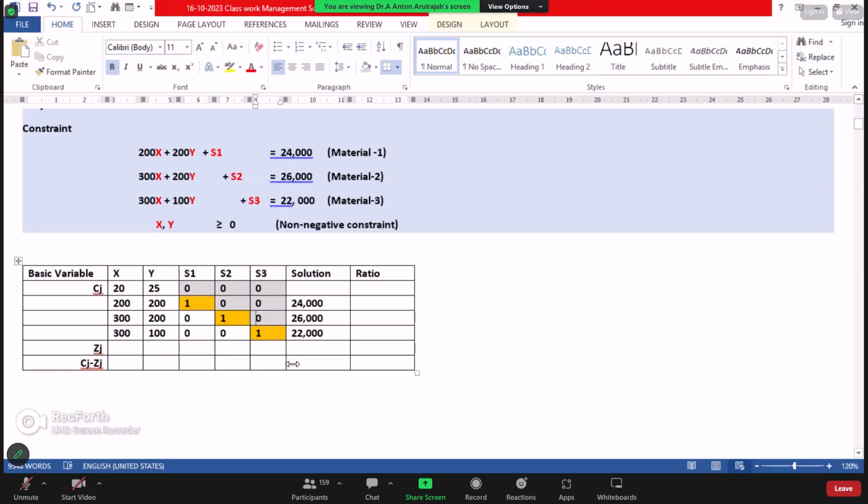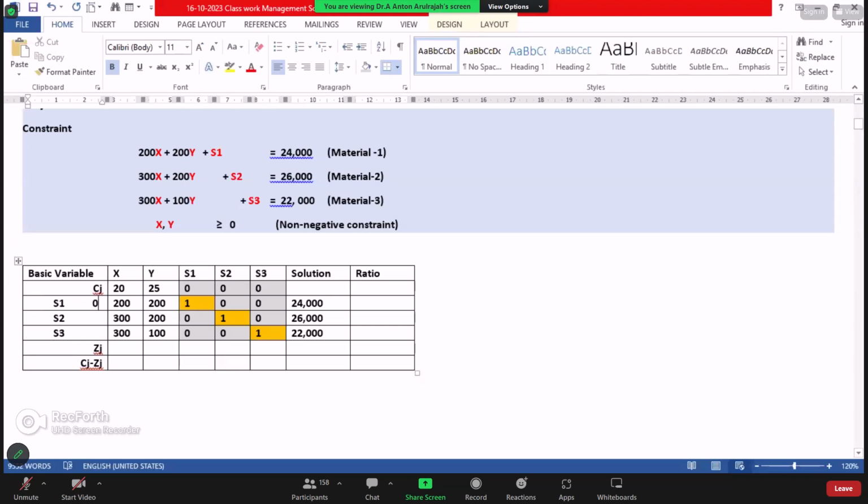S1, S2, and S3 are the basic variables in the process, starting with these variables. So the coefficient of the variable S1 is 0.